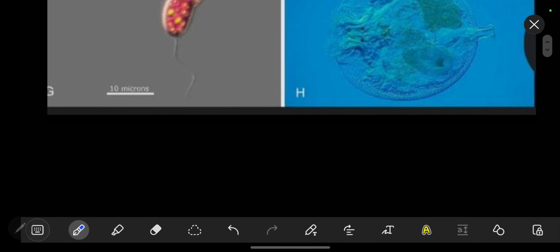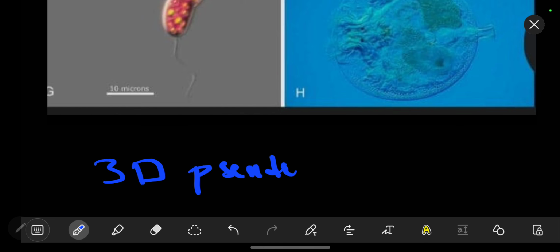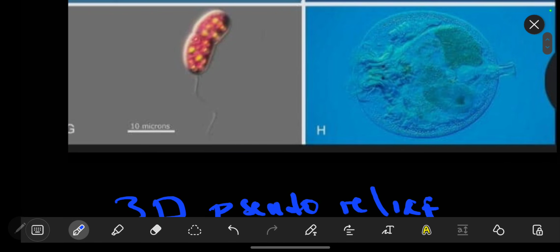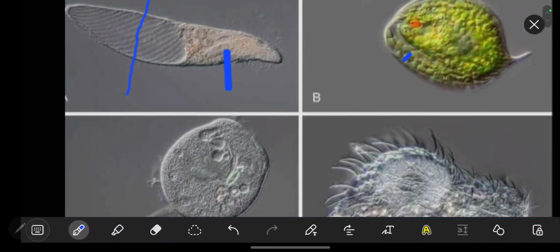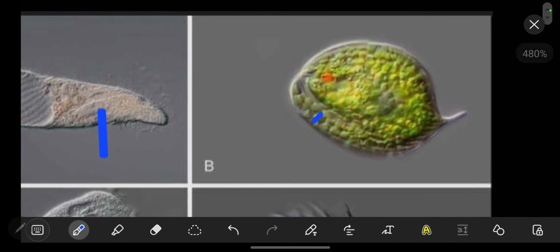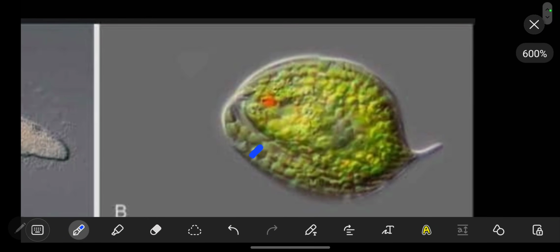The image formed is what we can call pseudo 3D. What we simply mean is that they are relief like. When we say relief like, we mean how small mountains look. You can even see it especially in this image. That is what we mean by pseudo 3D.